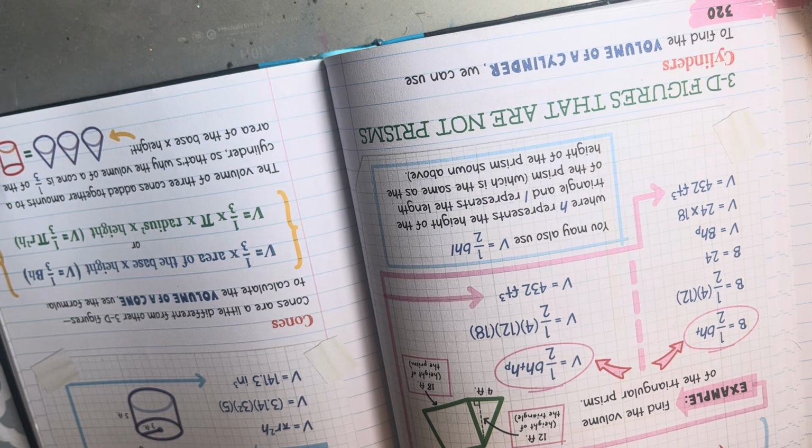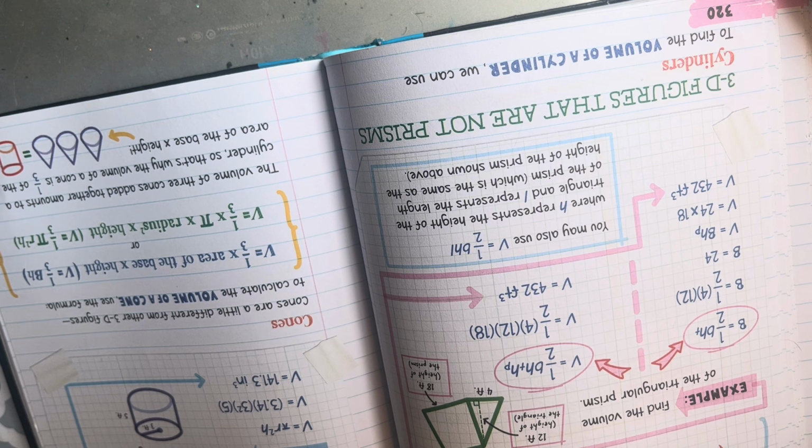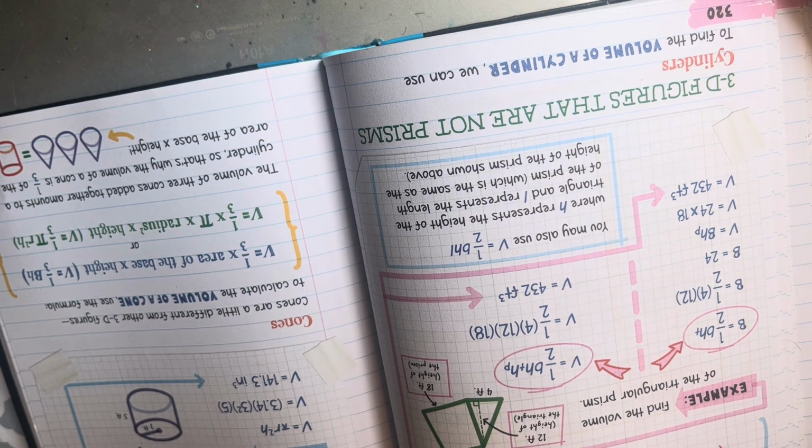Or V equals 1/3 times pi times r to the power of 2 times height. So the volume of 3 cones added together amounts to a cylinder, so the cone is 1/3 of the area of the base times height.